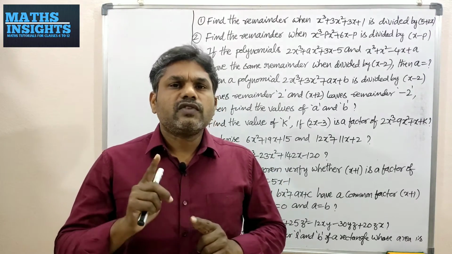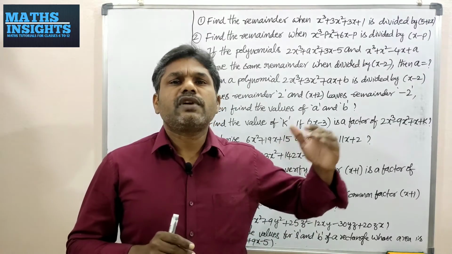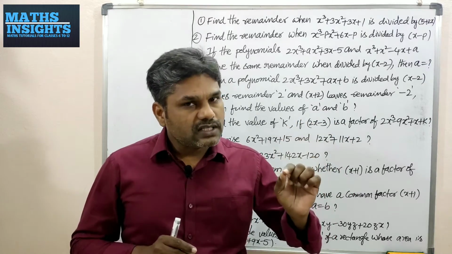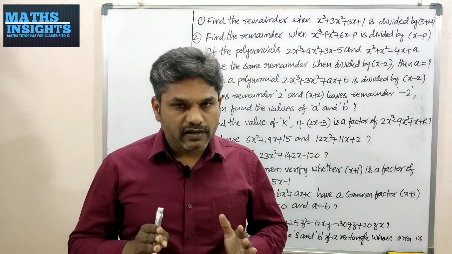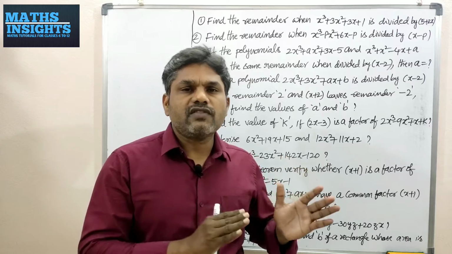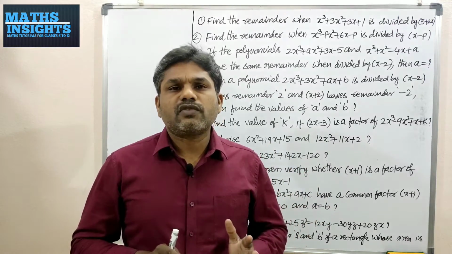The main difference between the remainder theorem and the factor theorem is that in the remainder theorem you will get something as your remainder, but in the factor theorem you will get 0 as your remainder. If you get 0 remainder, then the divisor will become a factor of the given polynomial. This is the concept of the factor theorem.